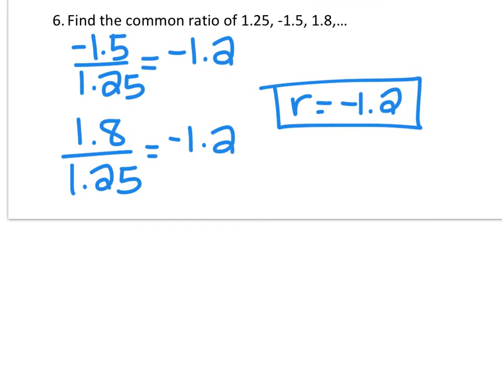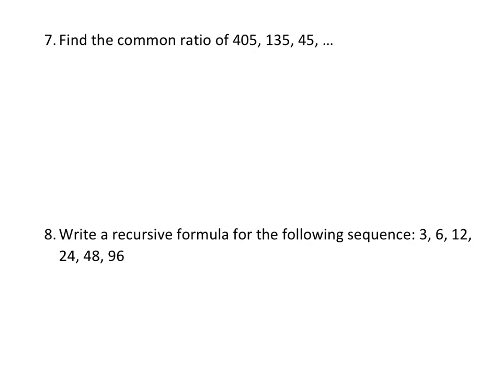Let's try one more. Find the common ratio of 405, 135, and 45. So 135 divided by 405. Now, for these, you have to make sure you get a fraction. If you get a decimal on your calculator, hit Math Enter Enter.